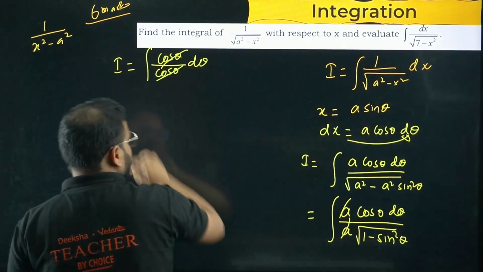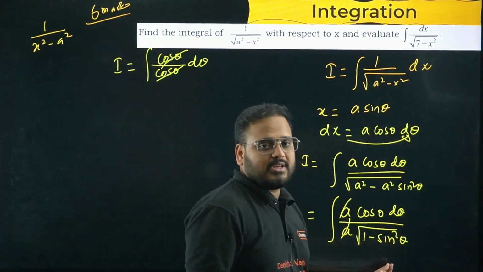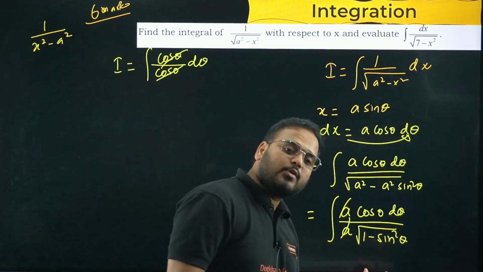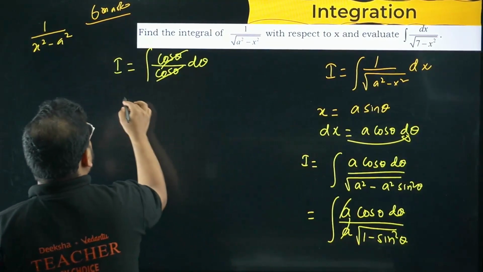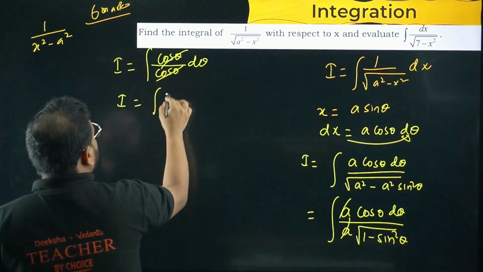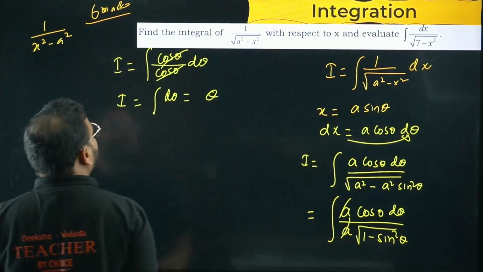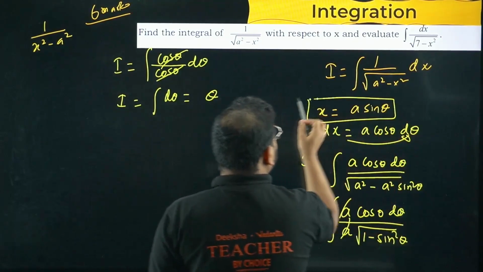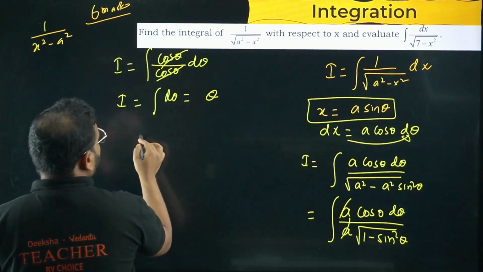How come, sir? 1 minus sine square is cos square, and in the root it will be cos. So the integral becomes d theta, which equals theta. And from here we can find theta.